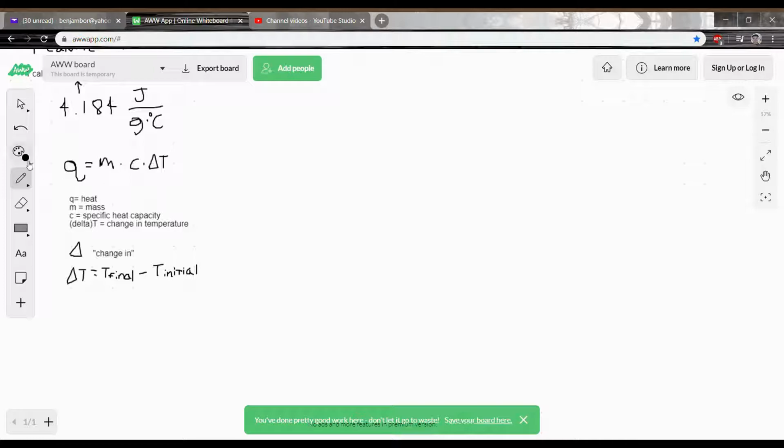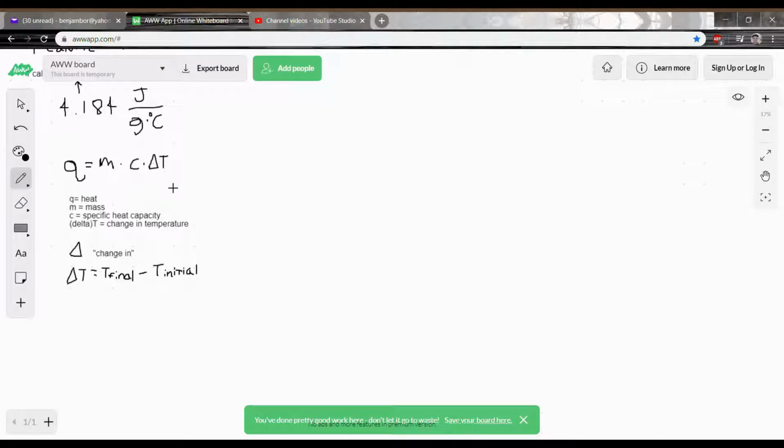So I'm going to keep these on the screen over to the side. Example 13.1 is on page 394 if you'd like to turn there and do the example with me. We are given a 500 gram block of copper that starts out at 51.2 degrees Celsius and cools to room temperature, which is 25 degrees Celsius.